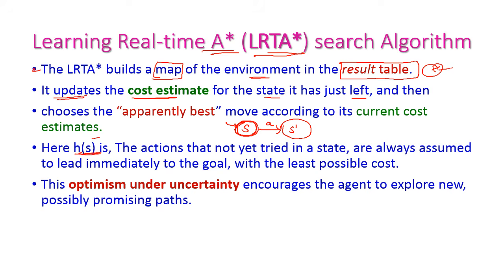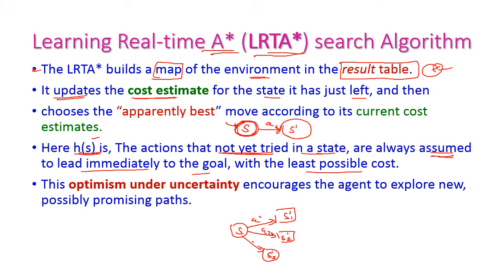Here, the actions not yet tried in the state: some of the actions are already tried, but some of the actions may not have been tried up to this point, and these actions are always assumed to lead to the goal immediately, with the least possible cost. That means we are in state s and we can randomly select some of the actions: A1 to reach s dash 1, A2 to reach s dash 2, and A3 to reach s dash 3.